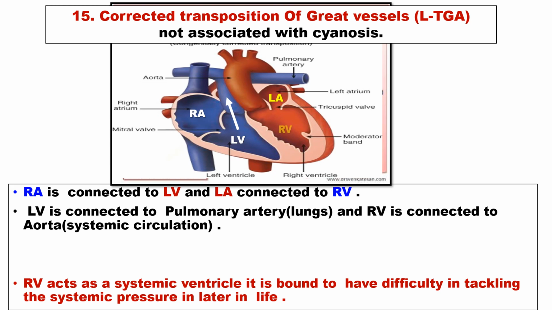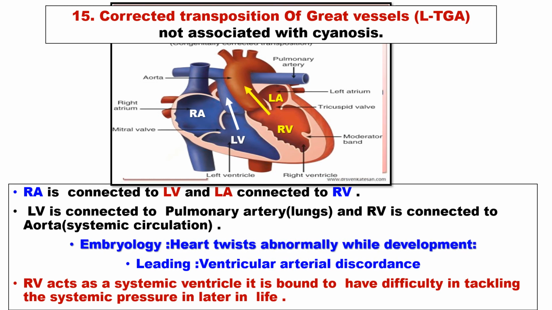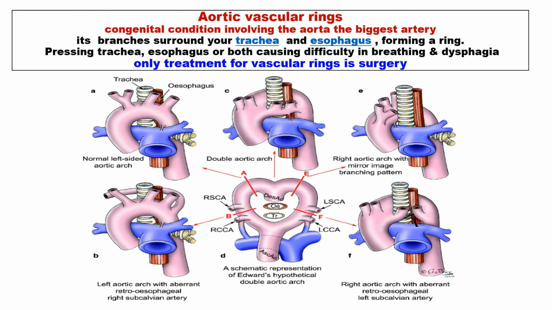The left atrium is connected to the right ventricle and the blood from the right ventricle flows to the arch of the aorta. Embryologically, the heart twists abnormally during development, leading to ventriculoarterial discordance. The right ventricle is connected to the systemic circulation and acts as a systemic ventricle, and is bound to have difficulty tackling the systemic pressure in the later part of life.